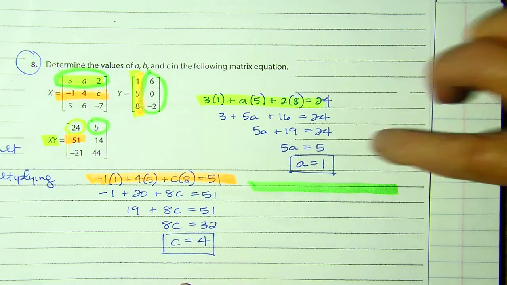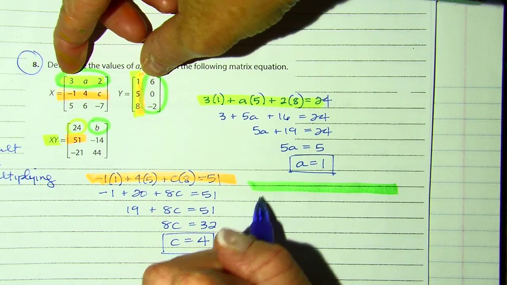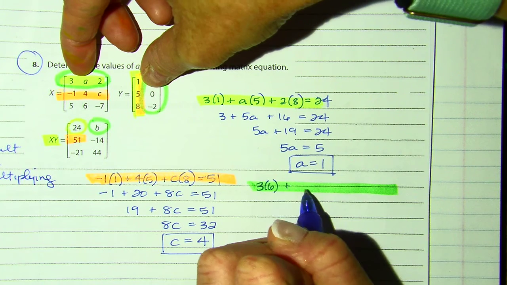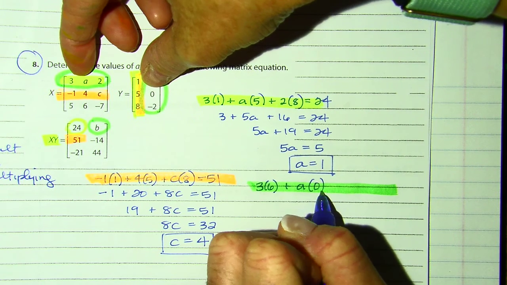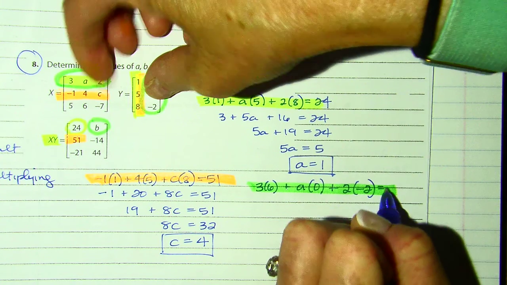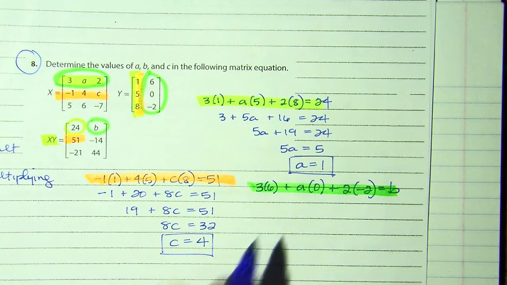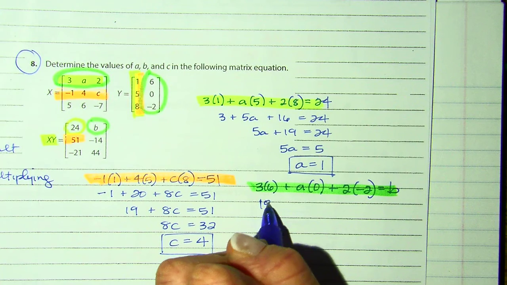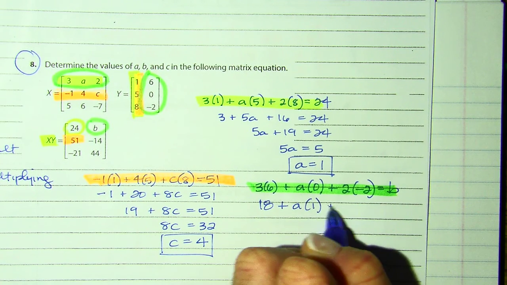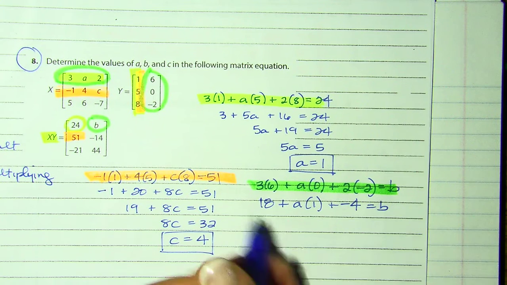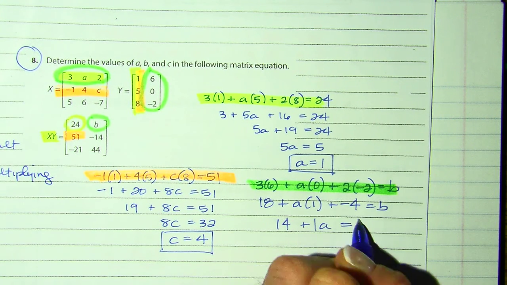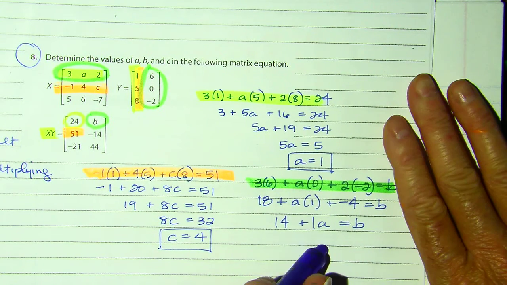And we already solved for A. So I know 3 times 6 plus A times 0 plus 2 times negative 2 has to equal B. But I already know what A is, so this is 18 plus A times 1 plus negative 4 equals B. Whoops.